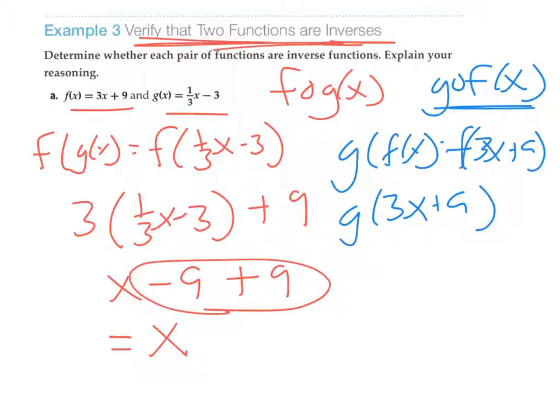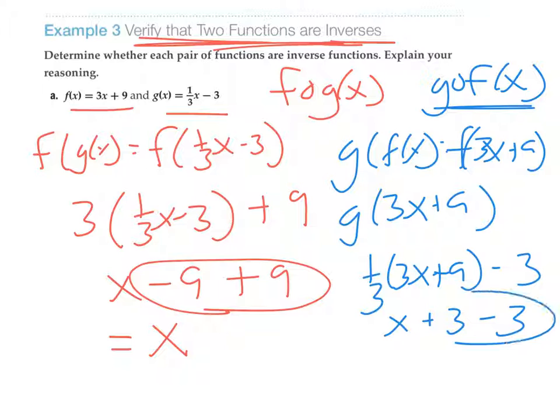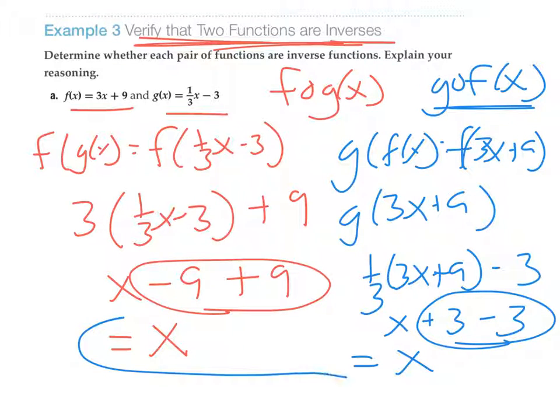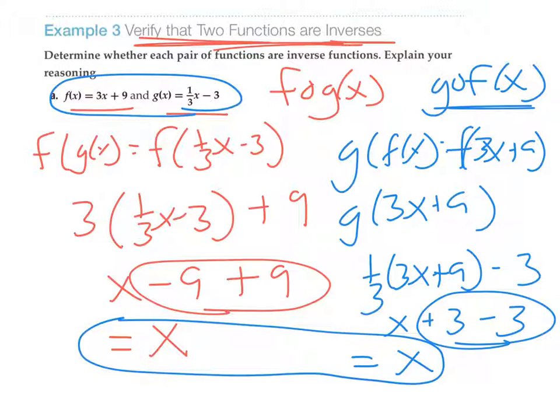So if I put that into the g function, I have 1/3 times (3x plus 9) minus 3. If I distribute, I get x plus 3 minus 3, and these two cancel out to 0, so I get equals x. And since they are both equal to x, these two functions are inverses. If they didn't equal x, they would not be inverses.